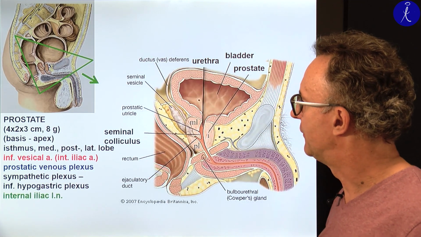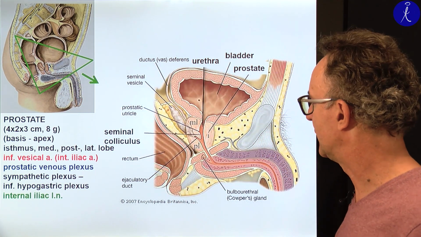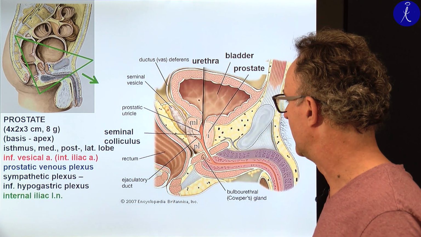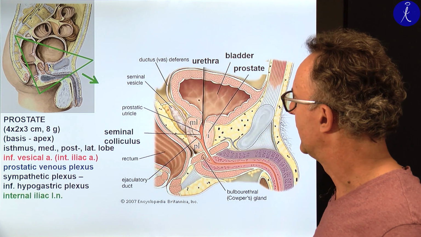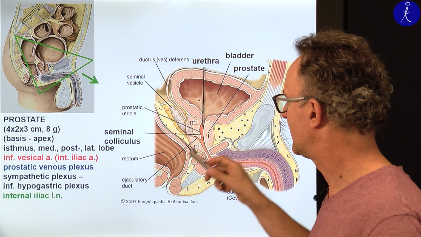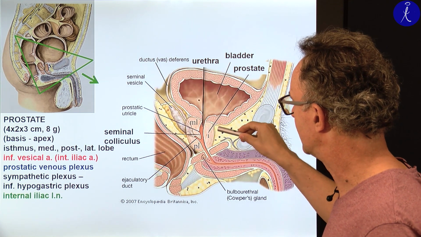And if I enlarge this triangle here on the right side, we see the position of the prostate. Again, under the urinary bladder, you see it quite clearly. And from a clinical aspect, it can be divided into several lobes. The anterior part, anterior to the urethra, is called isthmus.